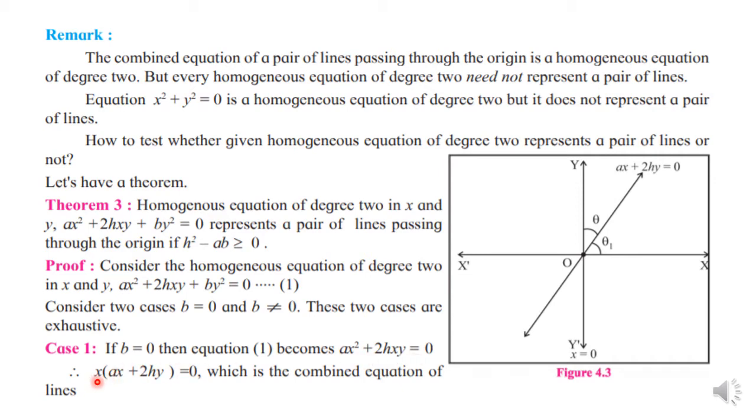Thus we take x common, and so we get x into ax plus 2hy is equal to 0. Now when we separate both the equations, we get x is equal to 0, which is nothing but the equation of the y-axis, that is one of the lines. And the other line is ax plus 2hy is equal to 0. So thus we can say in this case that the converse of the theorem can be proved as long as b is 0.